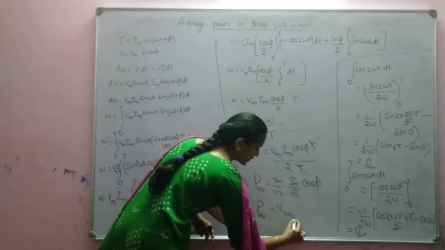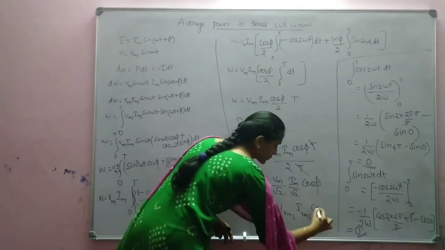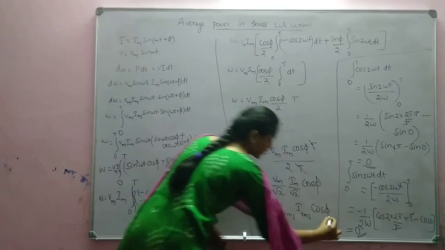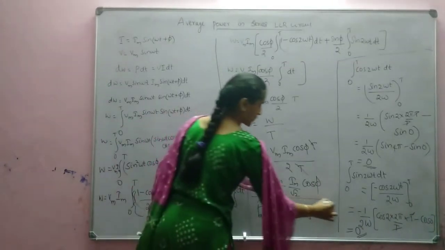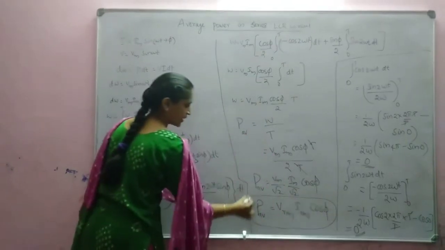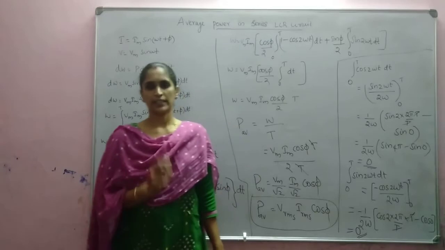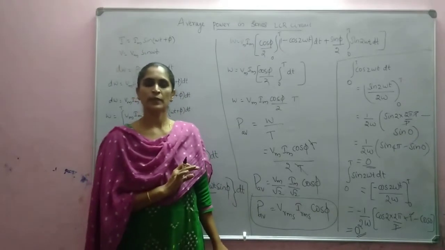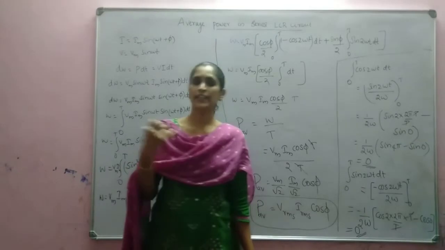So Vrms into Irms into cos phi. So this is the expression for the average power consumed in an LCR circuit. Is it clear to everyone? Understood, no? And now we will discuss various cases.